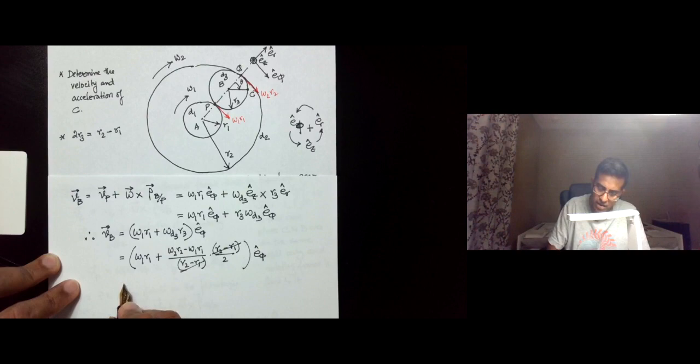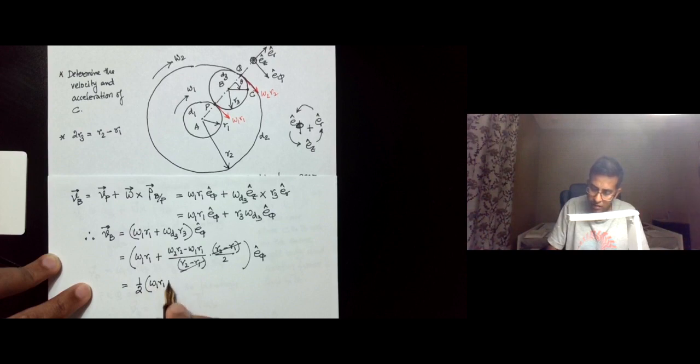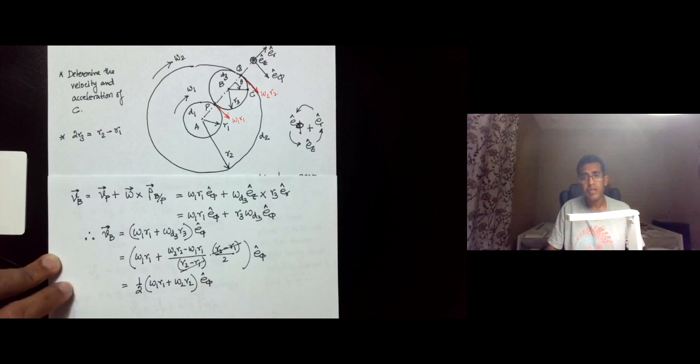So these two cancel, and this is in the direction E phi. And so what we have is 2 omega 1 r1 plus omega 2 r2 minus omega 1 r1. So you essentially have half of omega 1 r1 plus omega 2 r2 in the e phi direction to be the velocity of the point B.